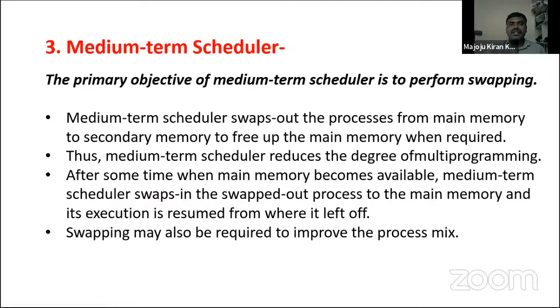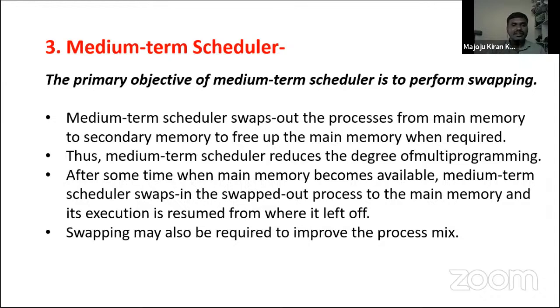And we have the midterm scheduler also. The midterm scheduler is for swapping purposes. Since the main memory is very limited, all the processes cannot be stored in the main memory. So once one process is terminated, it must be swapped out from the main memory.